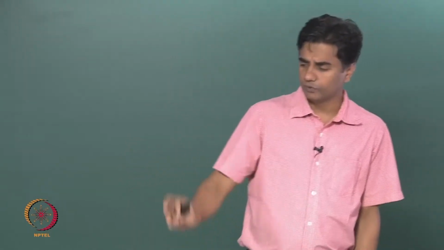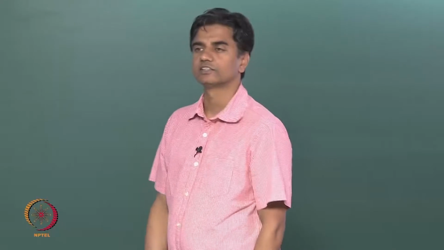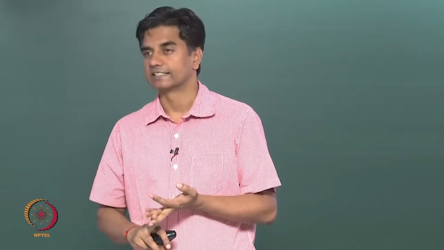So again, these 3 sentences make the point that I have just a minute ago discussed with you, that we do need to look at semantic selection or selectional restrictions like categorial selection, semantic selections, and lexical selection in order to make sentences grammatical.